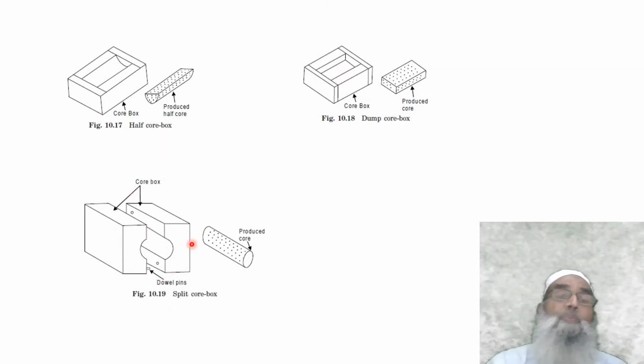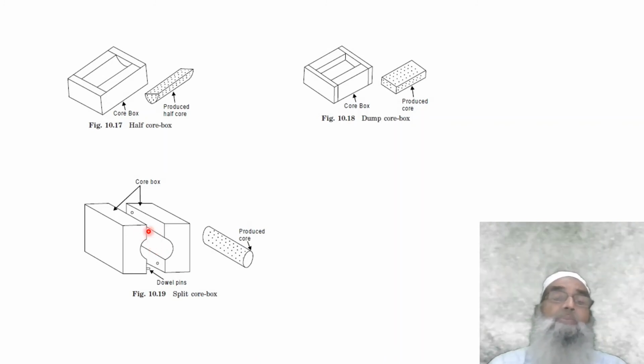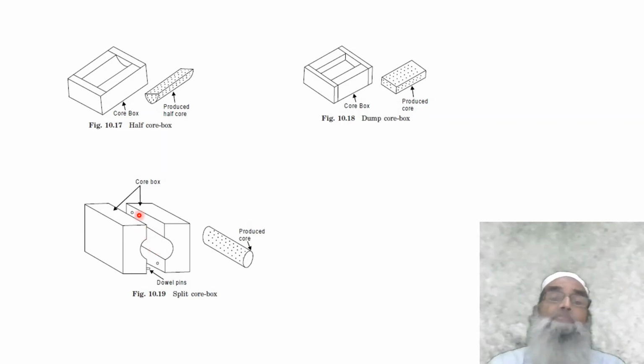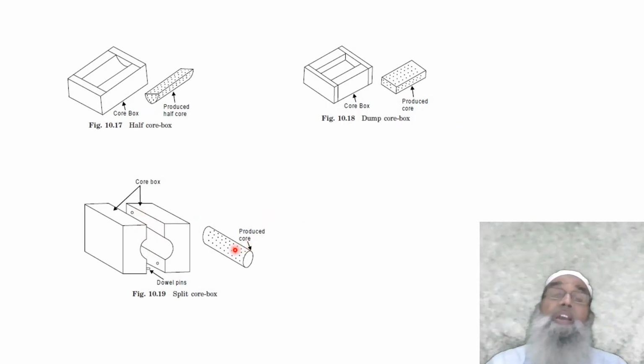We split the core box into two different parts and assemble them together, pack the cavity with core sand, and after packing, we separate them, take the core out, and bake it, ready for assembly.